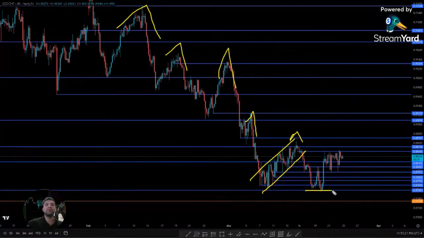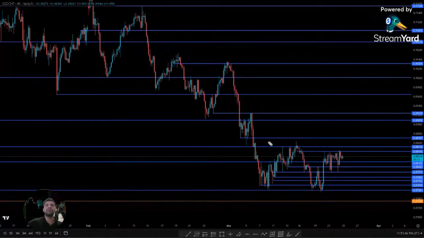We got a double bottom around here, then a break around here, and after that the price formed a double bottom around here, and is trying to break on the upper side like that. So if the dollar remains strong, we might see a reaction like that on the upper side, but it greatly depends upon how things are looking currently.